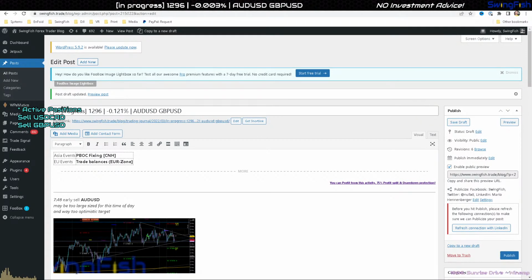What else have we got? What's Aussie yen doing? AUDJPY. That's worse. What's dollar yen doing? Maybe pound yen is the better option there.